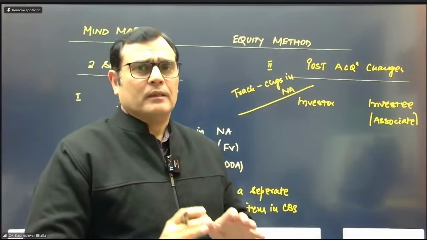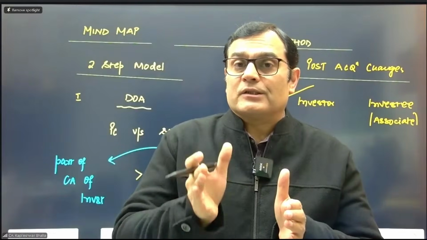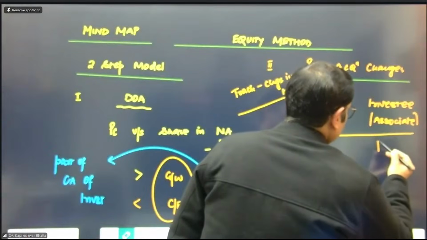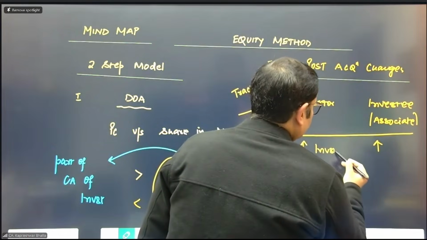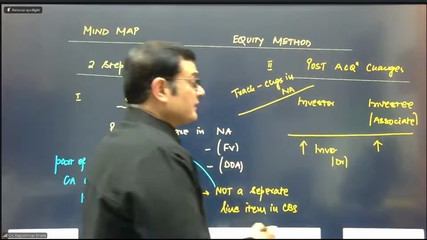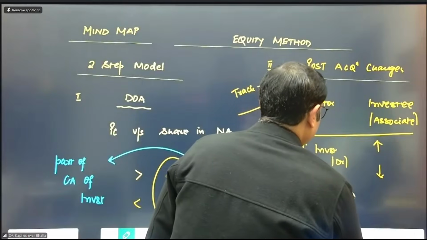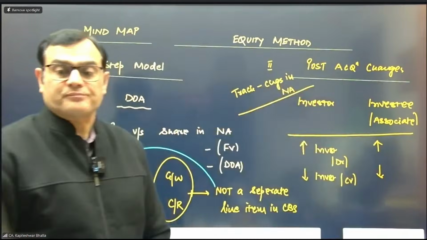I always tell people that that's how you go about it. Look at the changes in the net assets of the associate company. If the net assets of the associate company increase, you also need to increase the investment. In other words, debit the investment. If the net assets of the associate in the post-acquisition period go down, you also need to decrease the investment, that is, give a credit to the investment.